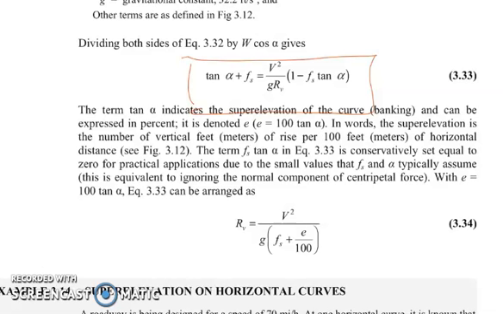So we have E equal to 100 tangent alpha, and we can have our equation for R sub V: R sub V equals V squared over g times the quantity f sub s plus E over 100.